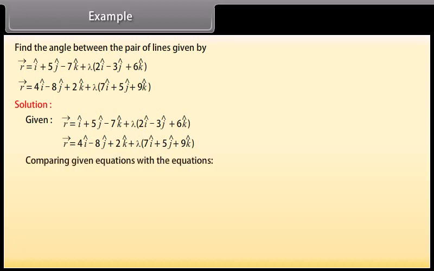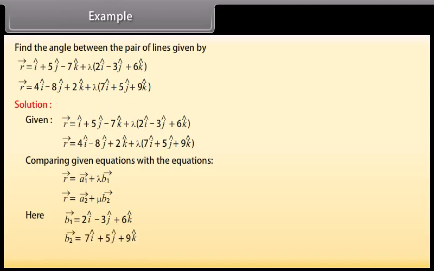Comparing given equations with the equations vector r equals vector a1 plus lambda vector b1, vector r equals vector a2 plus mu vector b2. Here, vector b1 equals 2i minus 3j plus 6k. Vector b2 is equal to 7i plus 5j plus 9k.